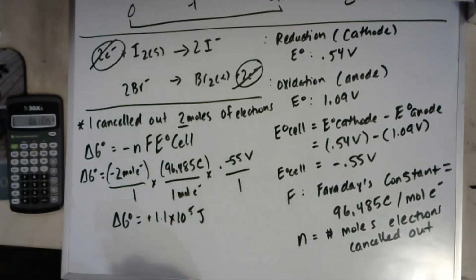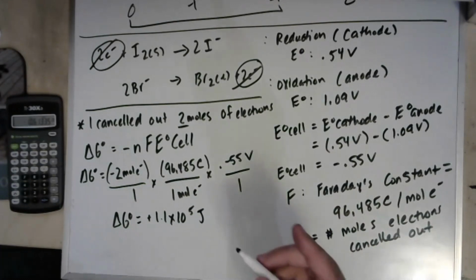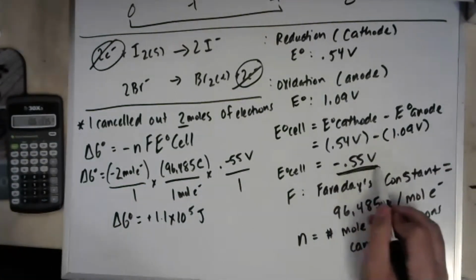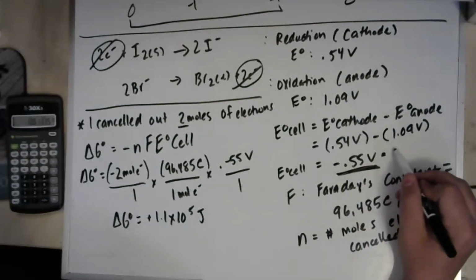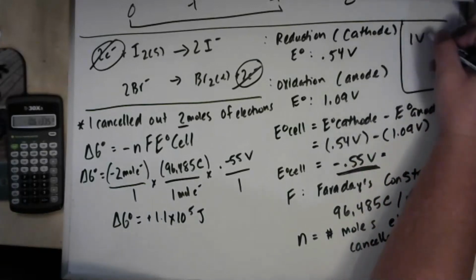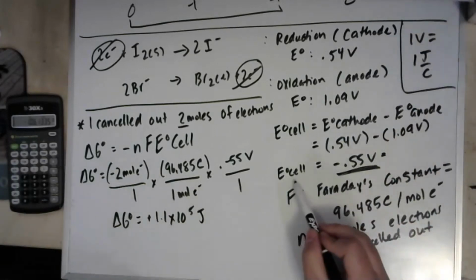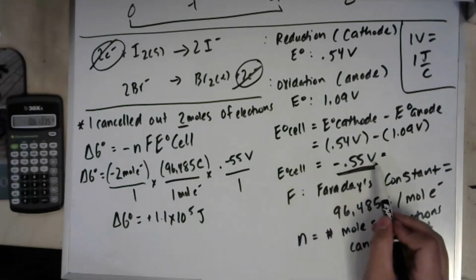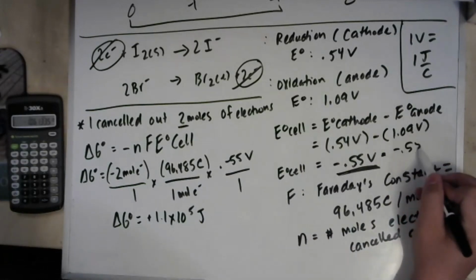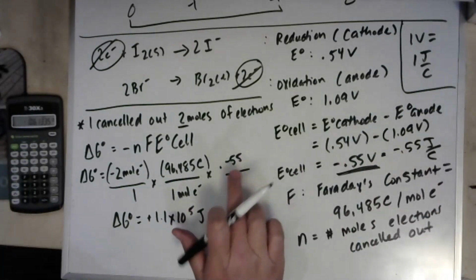I forgot to go over that part before. When you end up with a volt, the unit of a volt is equal to, let me write it up here, 1 volt equals 1 joule over coulomb. So when you do your E cell calculation and you get negative 0.55 volts, you can rewrite that as negative 0.55 joules per coulomb, which is what I should have written it as, so it was less confusing.